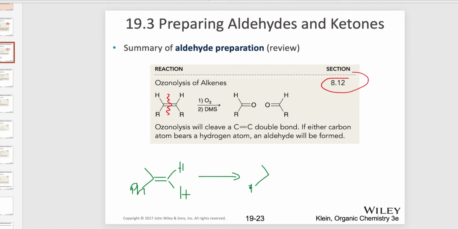So I'm just going to jot down the same thing. I'm leaving out the double bond, but I'm leaving extra space. I'm going to put a hydrogen and another hydrogen. And the overall transformation of this reaction is that instead of a carbon-carbon double bond, each side now gets a carbon-oxygen double bond.